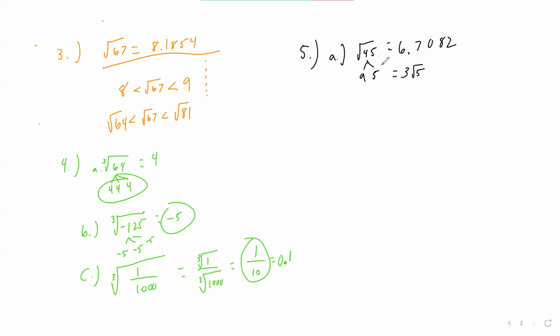Let's see if I do this. So 3 times... Oh, okay, cool. It's this SD button. So you hit that, it converts to a decimal, and goes right back to your answer.